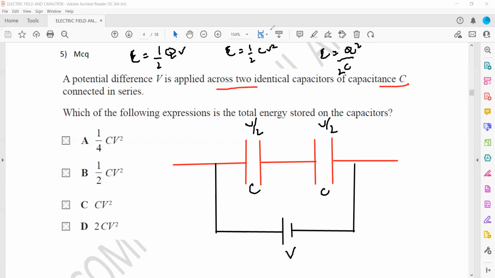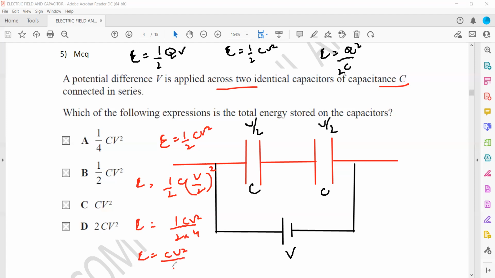So we'll find the energy stored by substituting into the formula. The energy stored by the capacitor is given by half CV square. So it will be half C, where C is the capacitance, and V by 2 whole square. When we simplify this, it will be half CV square over 4, and when we multiply, it will be CV square divided by 8. But that is the energy in one capacitor.